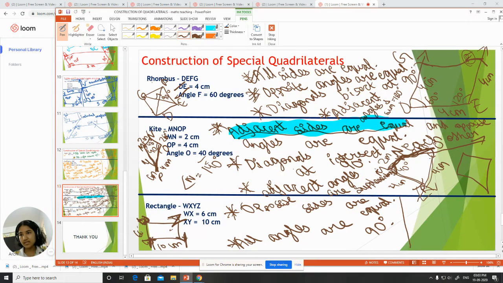WX is 6 centimeters. If WX is 6, ZY will also be 6. Opposite sides are equal. XY is 10, so this will also be 10 centimeters.